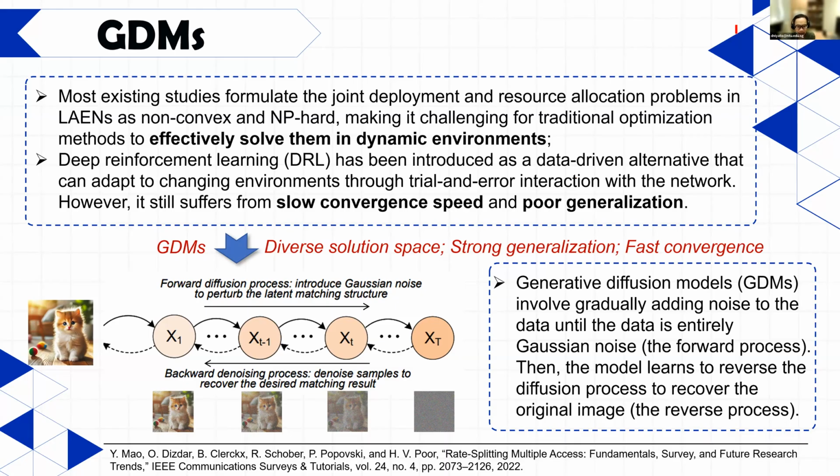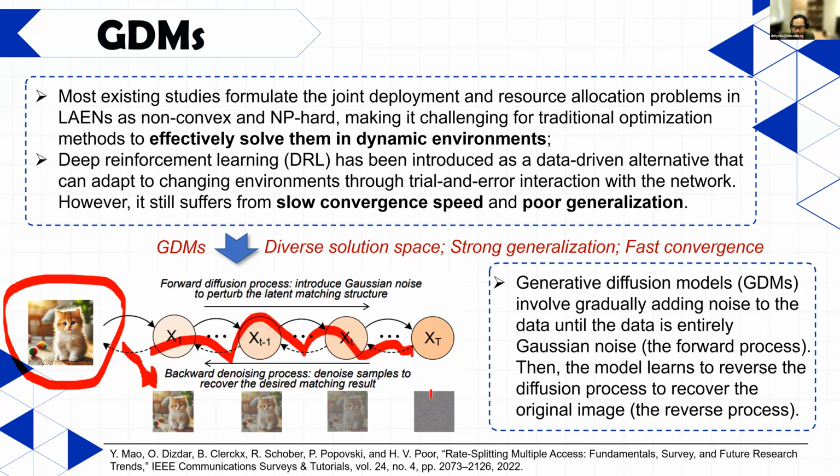So the idea is that we have the input from the user, for example, to generate the image of the cat. So the idea here is we are able to use the input data, put the noise into the multiple steps, and then we perform the noise denoising process. And during this denoising process, we are able to change some pattern in the data.